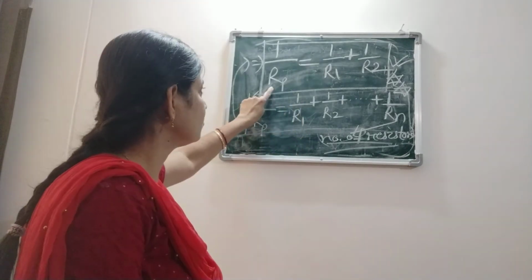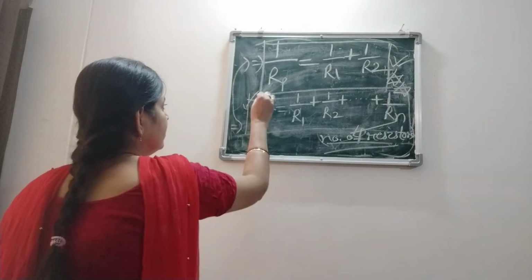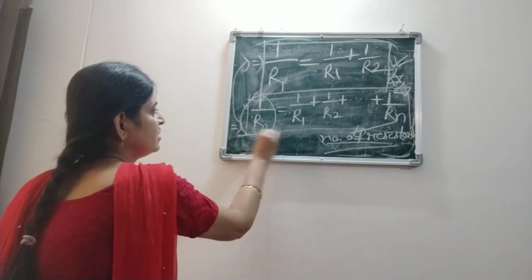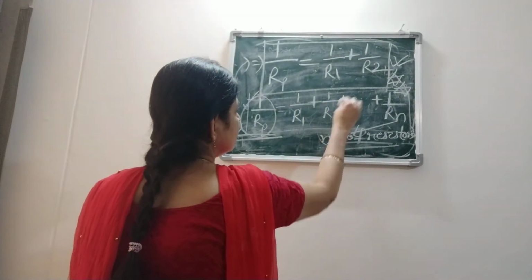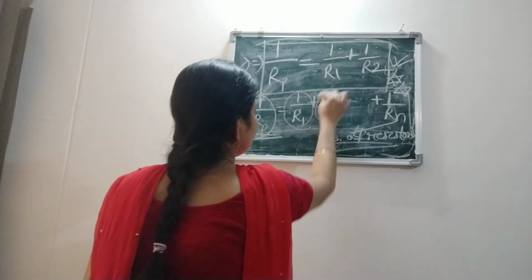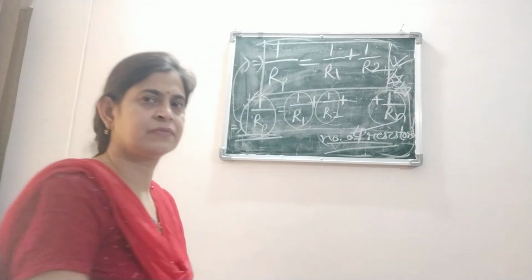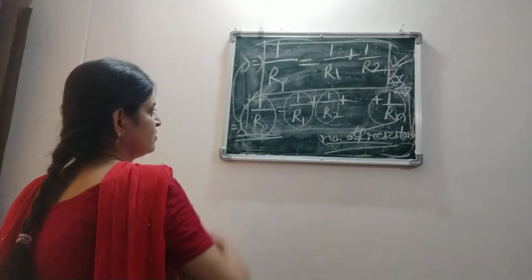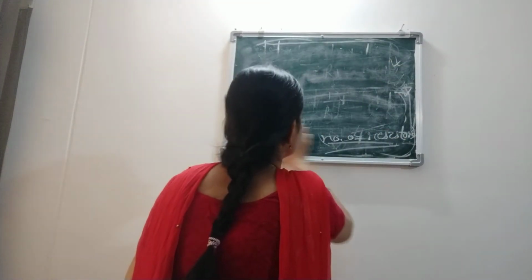But in case of parallel connection, the reciprocal of the resultant resistance is equal to the sum of the reciprocals of individual resistances. Now, we will discuss two examples based on the parallel connection.